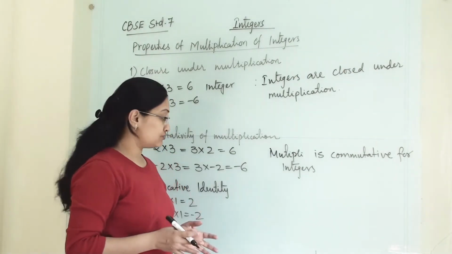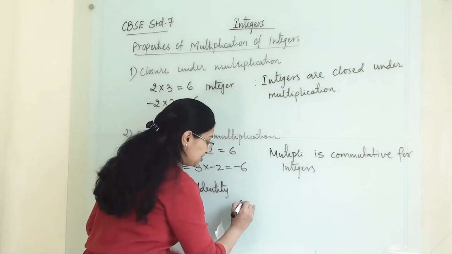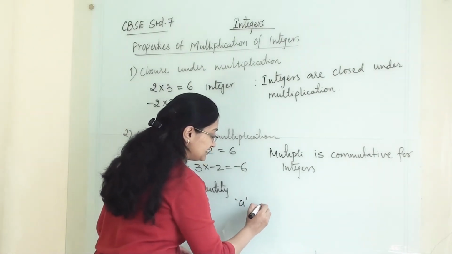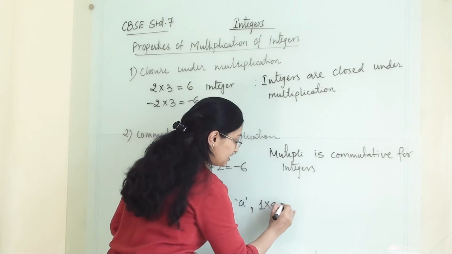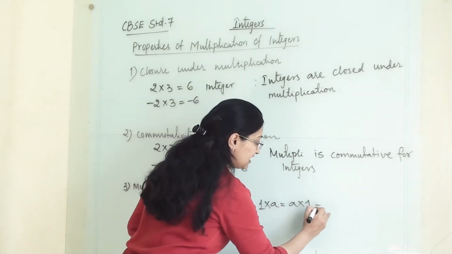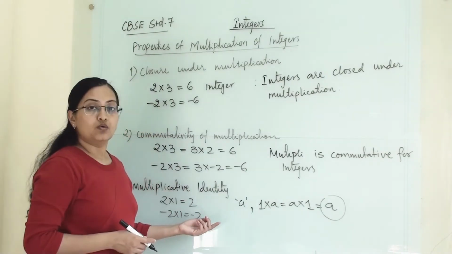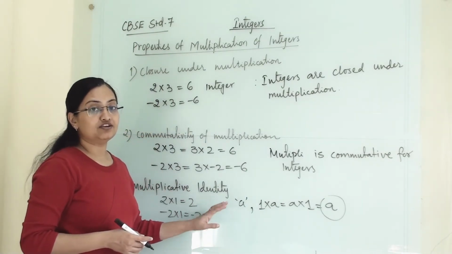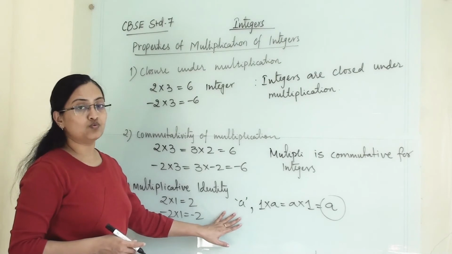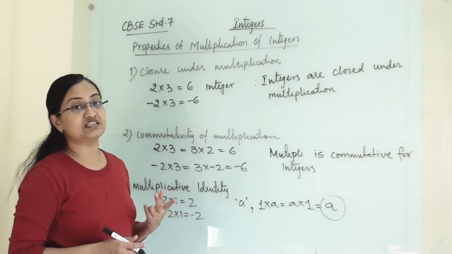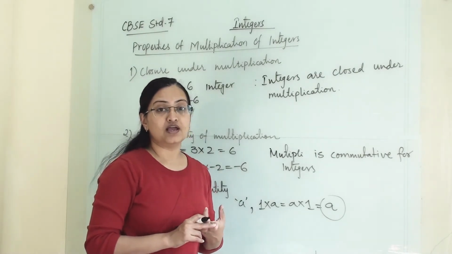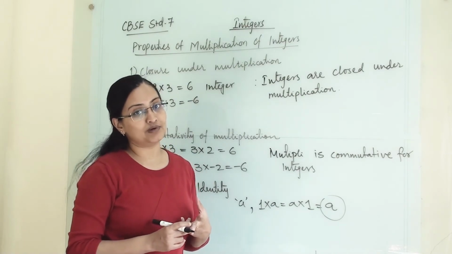And we can also say that for any integer a, 1 into a equals a into 1 equals the integer itself. Now we will see the remaining properties, that is multiplication with 0 and the associative property of multiplication.